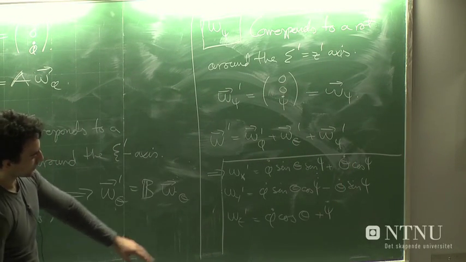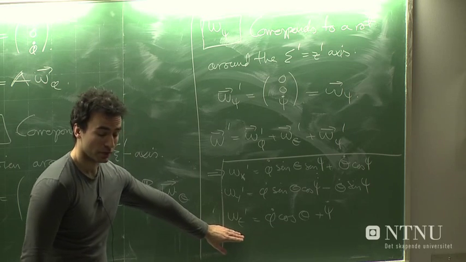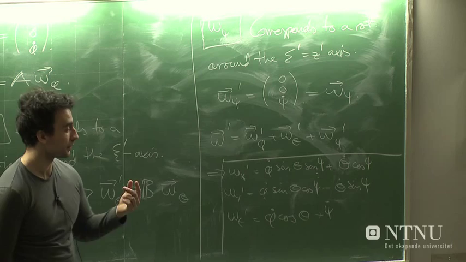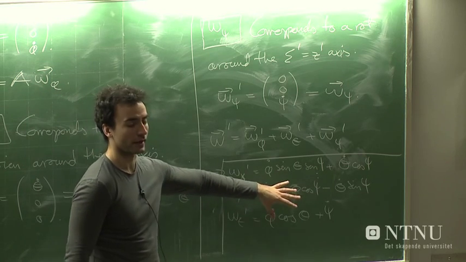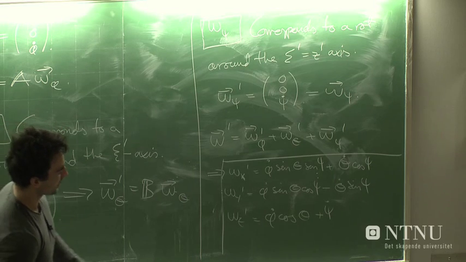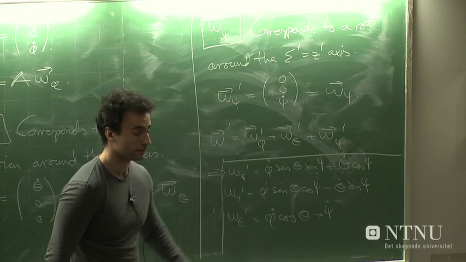So the complete set of transformations looks like this. This will be the angular velocity vector in the rotating system expressed through these Euler angles that describes the rotation. You see that in general you will have a contribution from all of them.